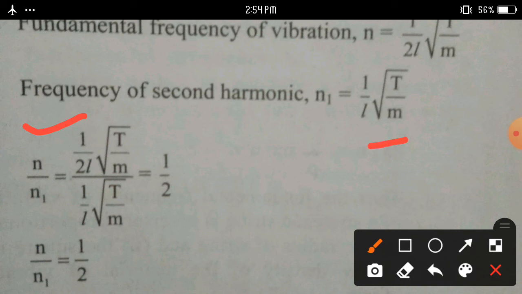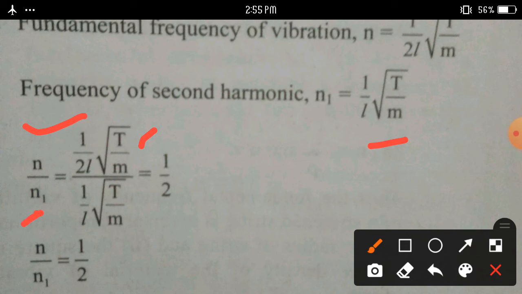Take the ratio here, n upon n1. n is equal to 1 upon twice l into the square root of T upon m, and n1 is 1 upon l into the square root of T upon m.